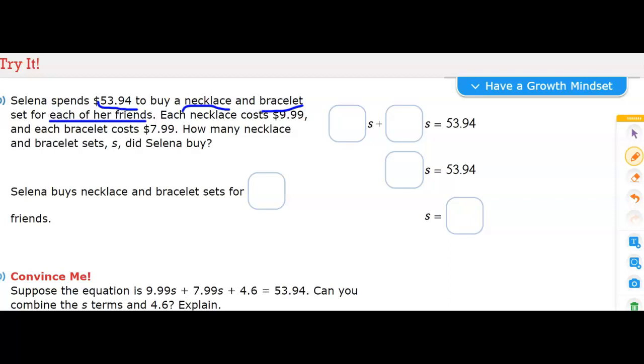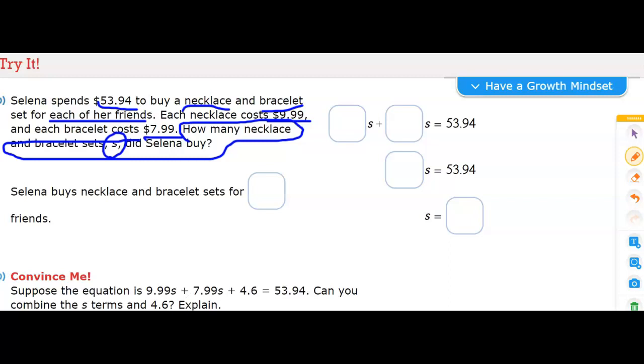Each necklace costs $9.99. Each bracelet costs $7.99. The question we have to answer again is how many necklace and bracelet sets, S, did she buy? So the letter S is what we have to use as our variable or unknown, the amount of sets.